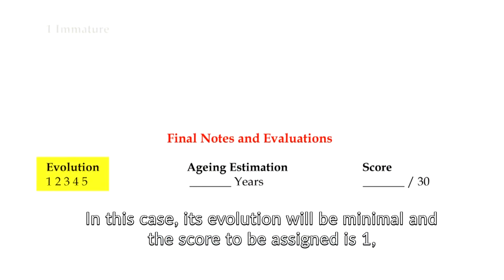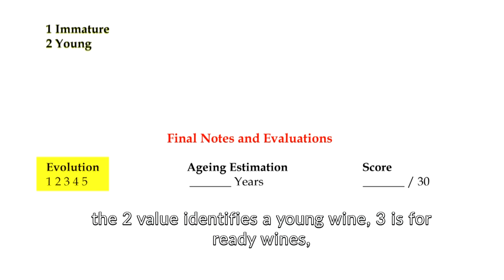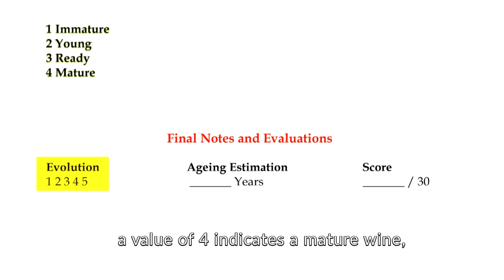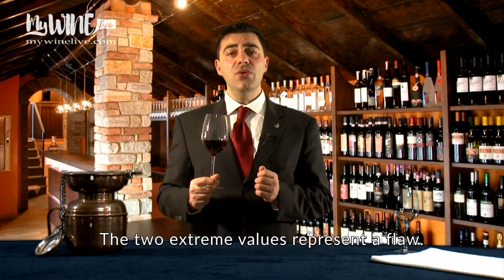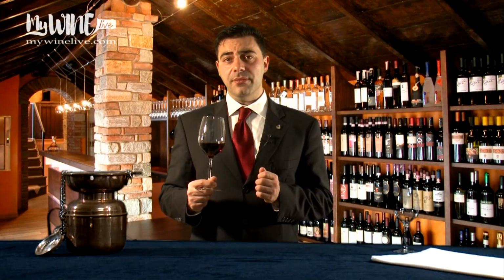In this case, its evolution would be minimal and the score to be assigned is 1. The 2 value identifies a young wine, 3 is for ready wines, a value of 4 indicates a mature wine, while a value of 5 indicates a wine which is too old to be considered drinkable. The 2 extreme values represent a flaw.